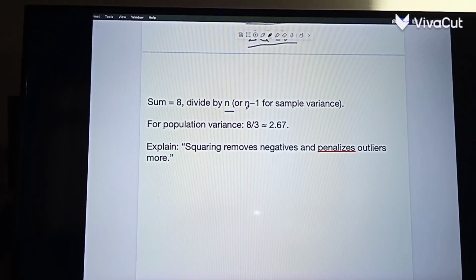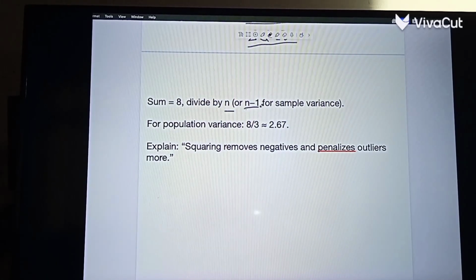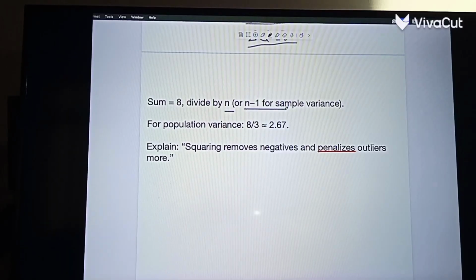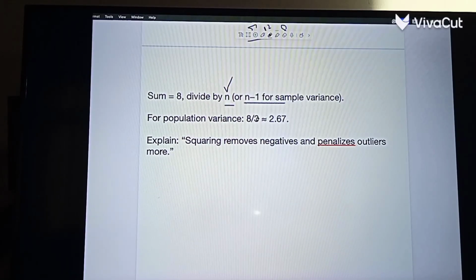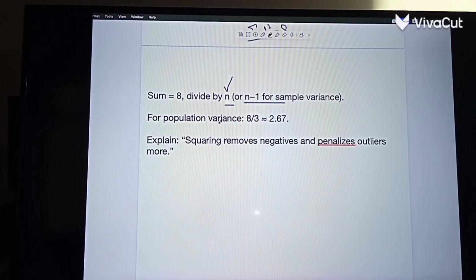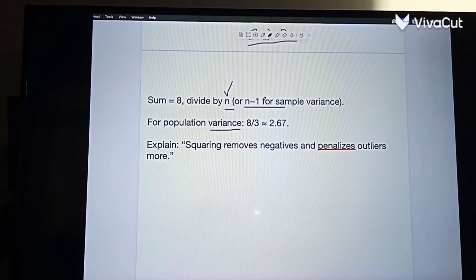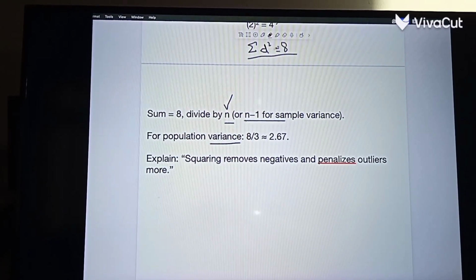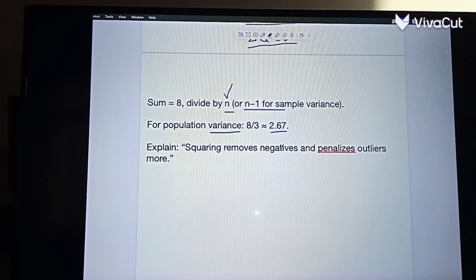We can also divide it by n minus 1, but you will learn it in an advanced topic. So for the variance, we have divided this 8, which was summation d square, by 3, and the resultant value is approximately 2.67.